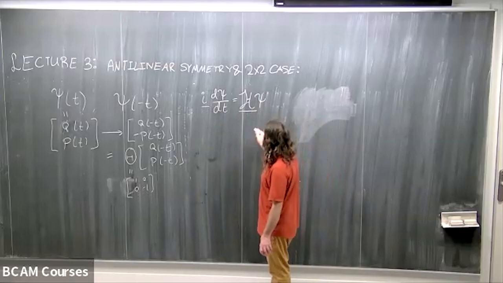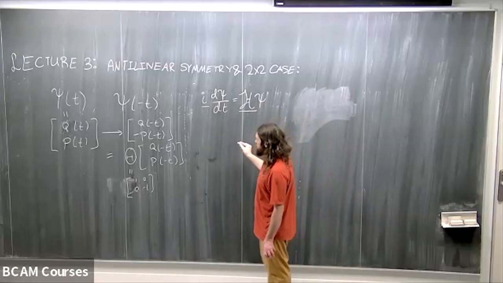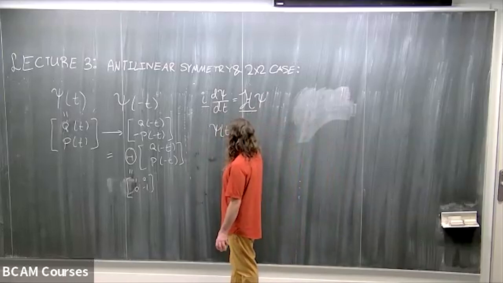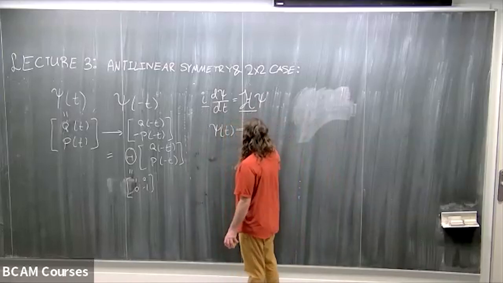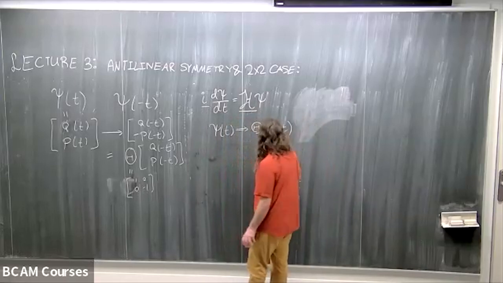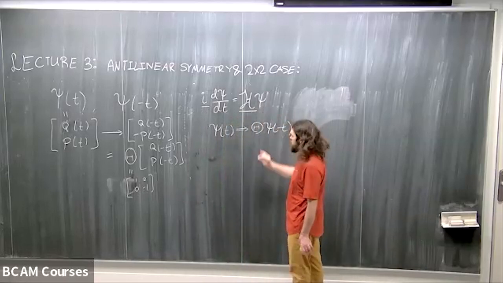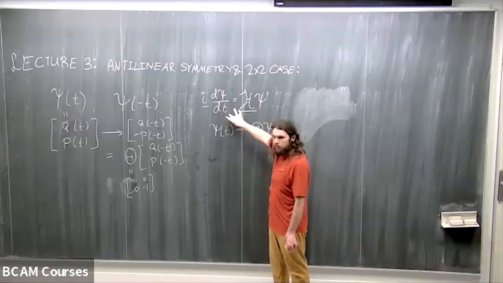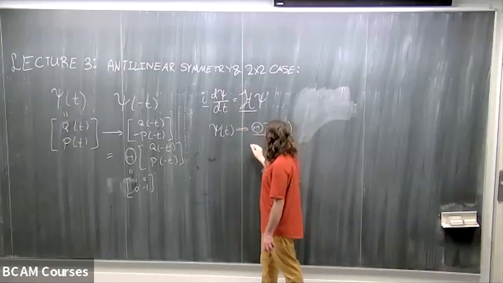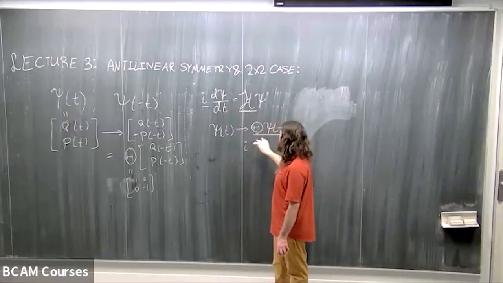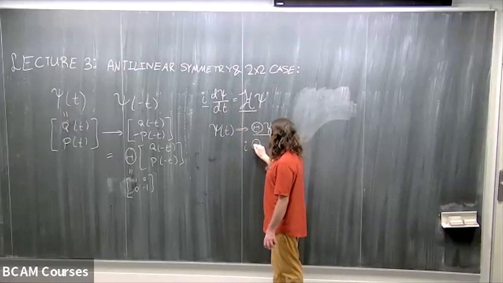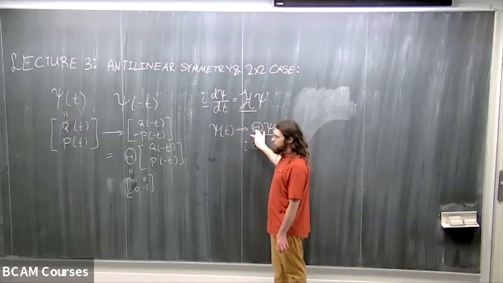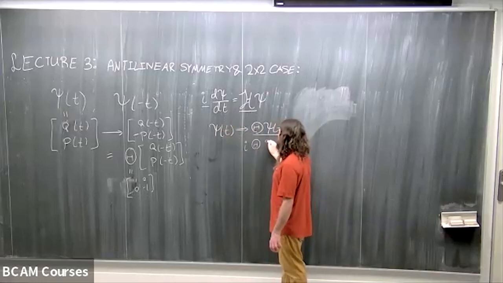So then if you were to try to say that, okay, let's suppose psi of t is a solution, implies that theta psi of negative t is also a solution to this equation. To verify that, I can plug this into the left-hand side. So I would have i, and then because this function should not be time dependent, we can use the chain rule and just move the derivative inside.